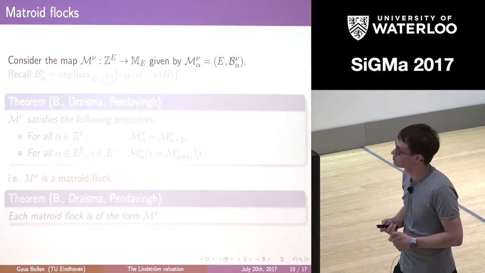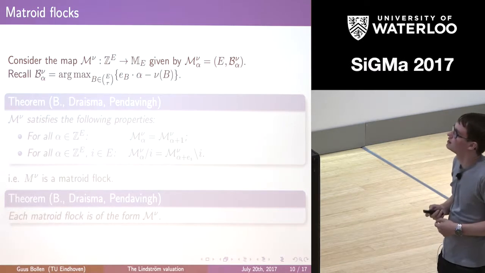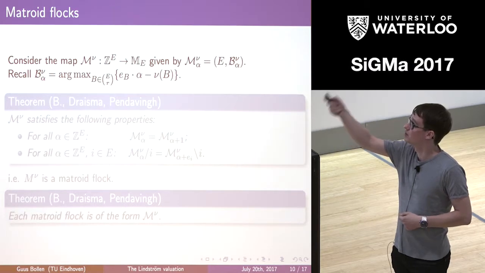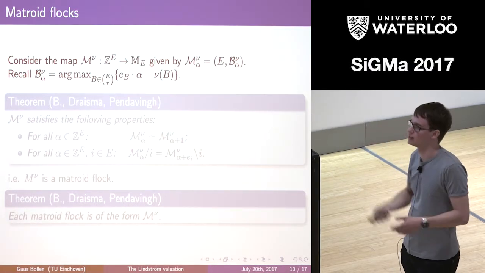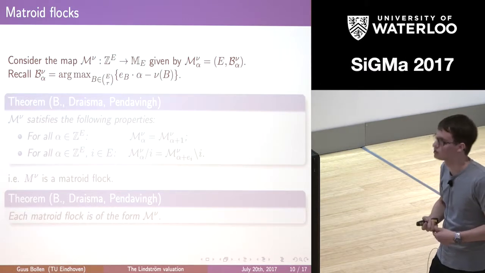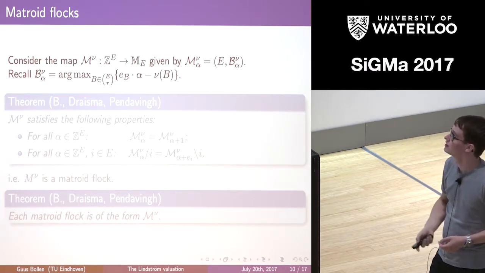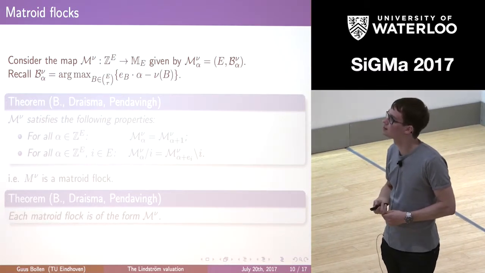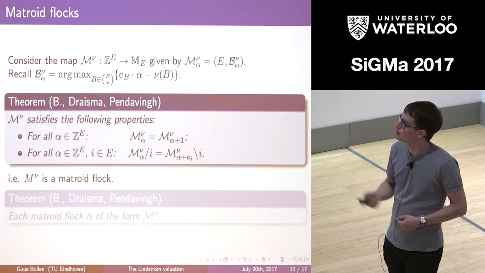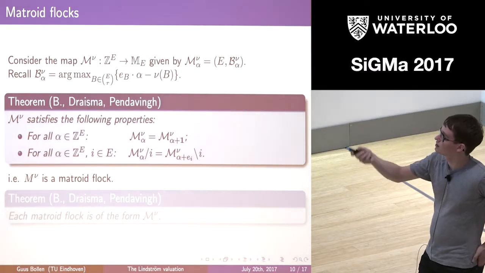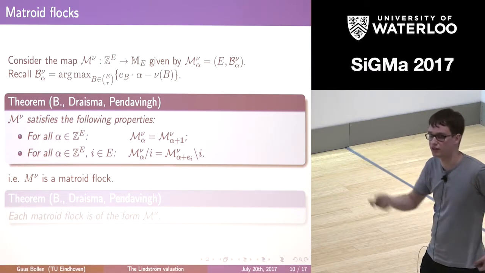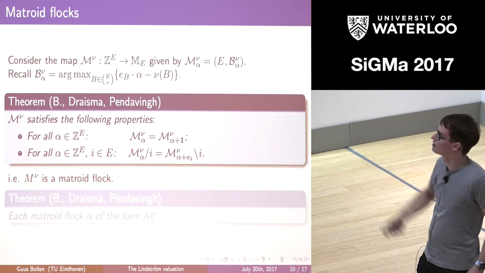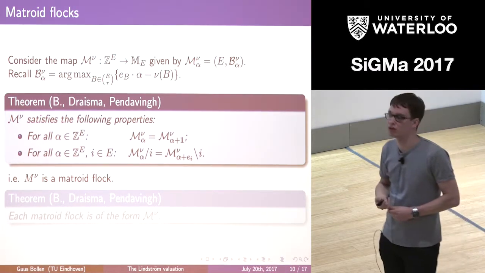Okay, so these are the basis sets of a matroid, and we can consider the map M nu, assigning to each integer vector a matroid on E, defined by our basis set. And then we have shown that these matroids satisfy this property, which you should recognize as the properties that define a matroid flock.